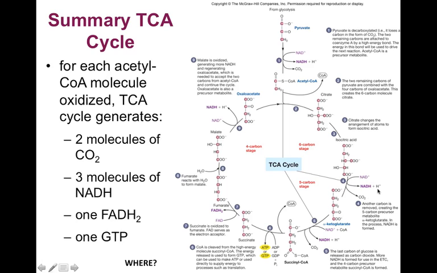In this process you get the reduction of NAD to NADH, which is where you will get a lot of energy when this is moved into the electron transport chain. When it goes from isocitric acid to alpha-ketoglutarate, you have another decarboxylation step, and NADH is generated again.